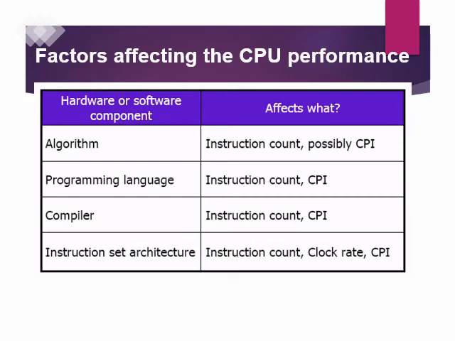It could be algorithm, programming language, compiler, instruction set architecture, ISA. And what do they affect? Most probably, if you look, most of it is instruction count, CPI, and also clock rate. So these are the terms in the part 1.